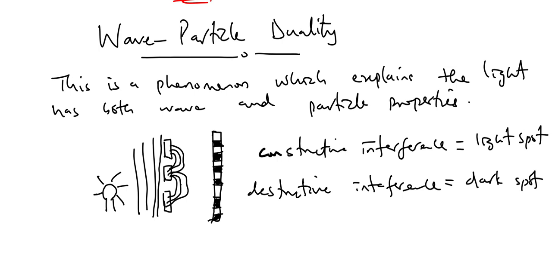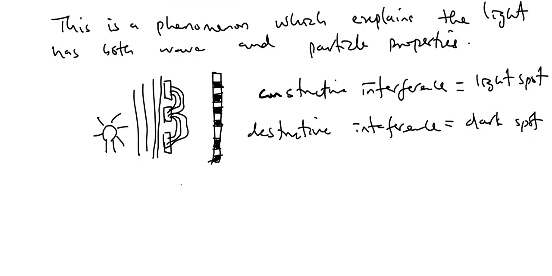But light cannot exhibit these two different phenomena at the same time. You can carry out an experiment that shows light has wave properties, and you can carry out another experiment which shows that light has particle properties. But you cannot demonstrate that light has the two properties in a single experiment. So that is what wave particle duality of light is about.